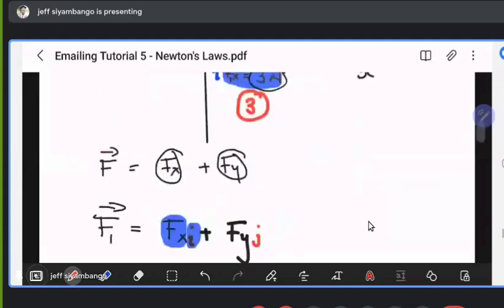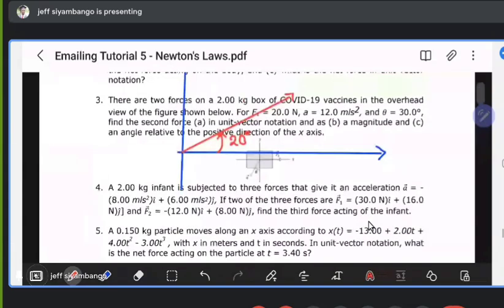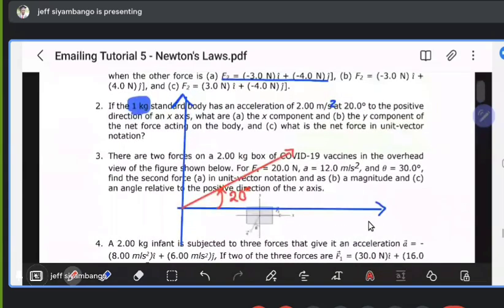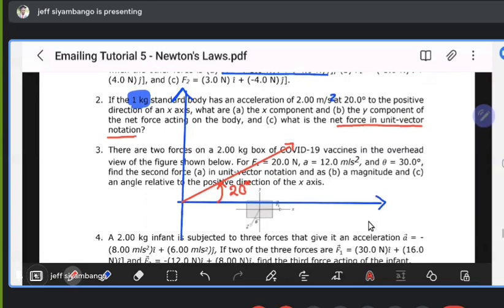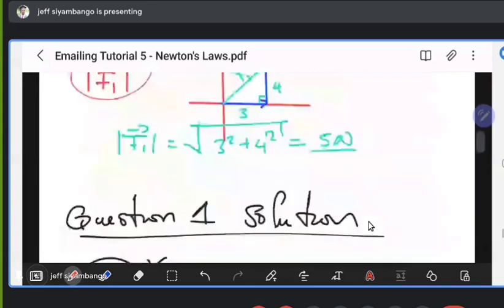The second part of the question was asking for what? A is the X component, B the Y component, and C, what is the net force in unit vector notation? Remember how unit vector notation goes?